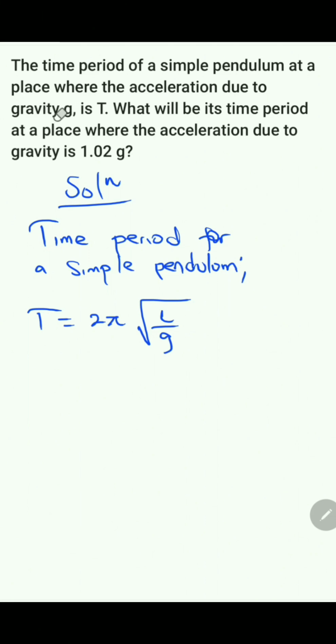Now we are told to find the time period when the acceleration due to gravity is 1.02 of g. So what we're going to do is use a different notation for the time period, which is T prime, and we'll let this be the time period at a place where the acceleration due to gravity is 1.02 g.